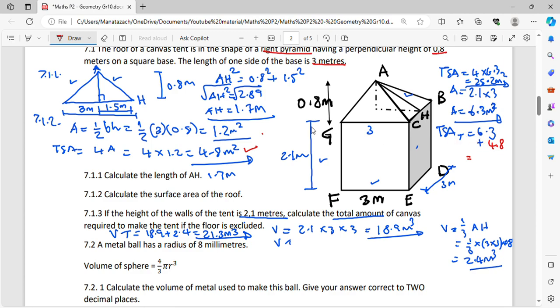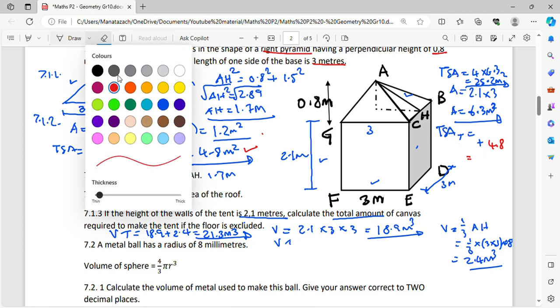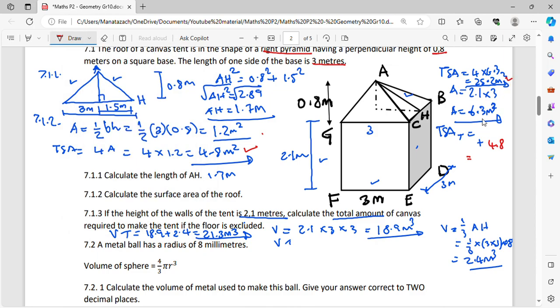Okay, I'm sorry, here I made a mistake. Let me just correct that mistake. The total surface area for the wall is basically 25.2 plus 4.8. So the answer here, 25.2 plus 4.8, you get 30.